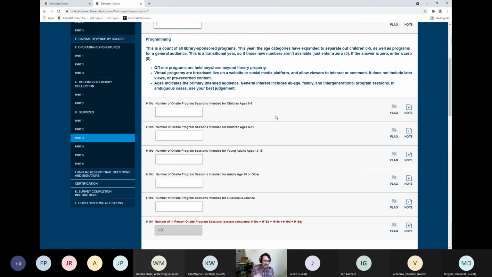And then each of them is broken down by ages. The important thing to remember both here and in attendance is who the program is aimed for. We don't care how old the people who came were. We just want to know who the program was aimed at. That accounts for both programs and attendance.